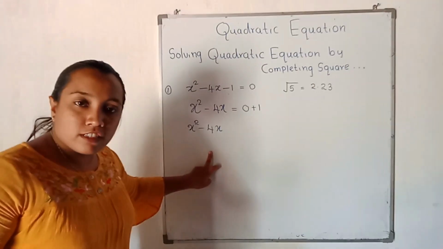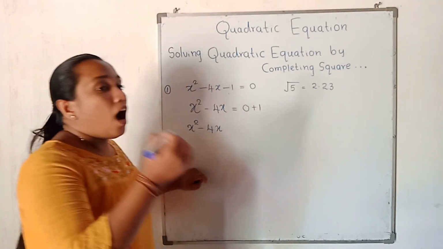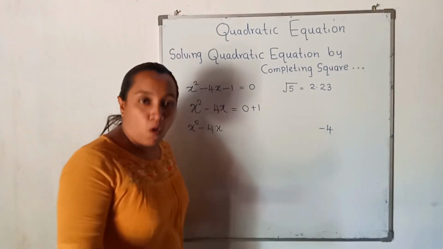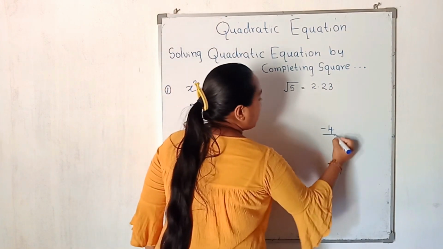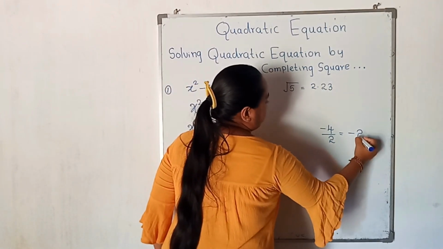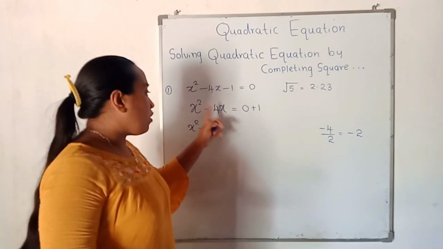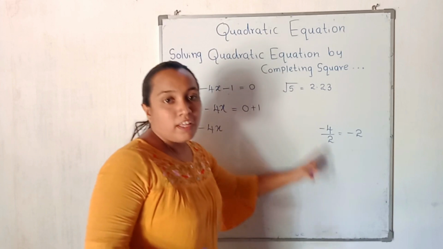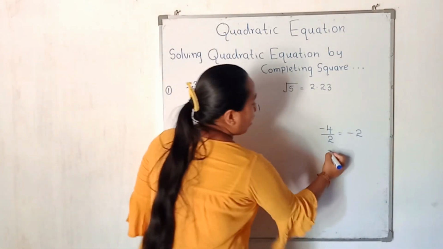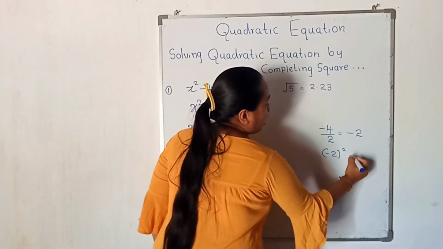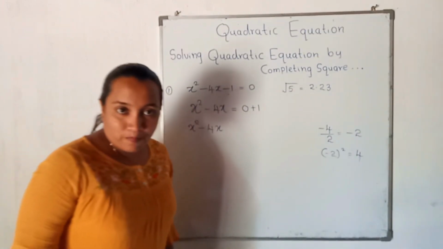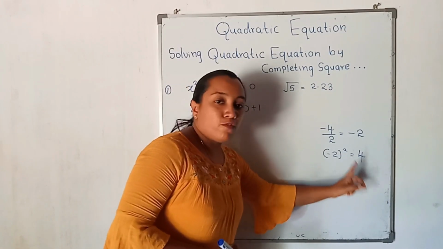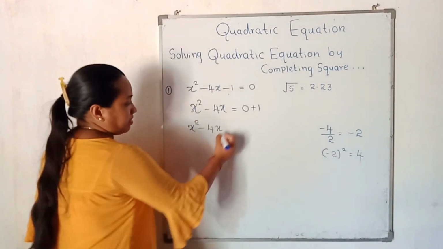Take the coefficient of the x term and half of it. The coefficient of x is minus 4, and half of it, divided by 2, is minus 2. Then square it. The square of minus 2 is 4. Then add the square, 4, to both sides.